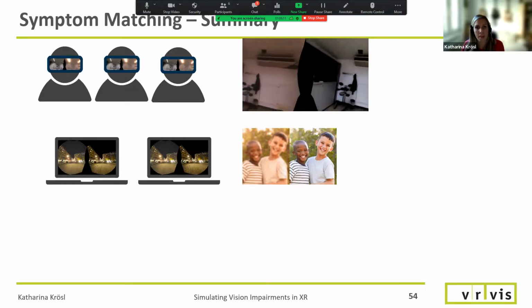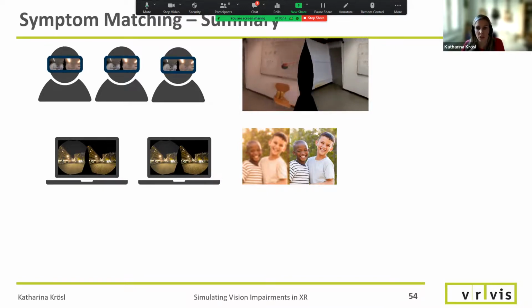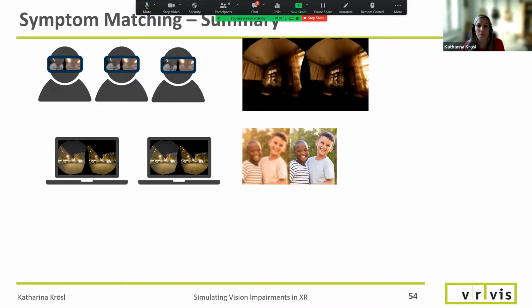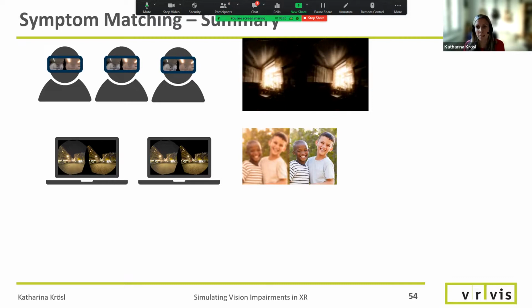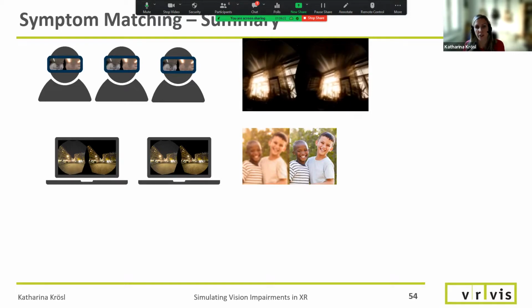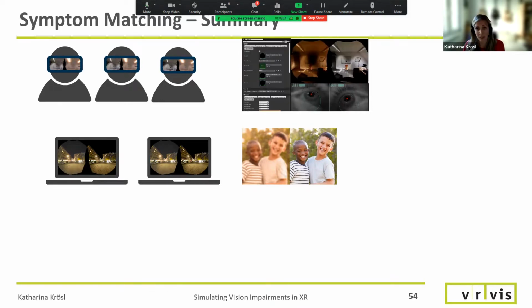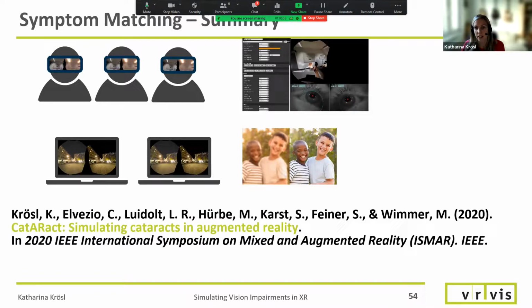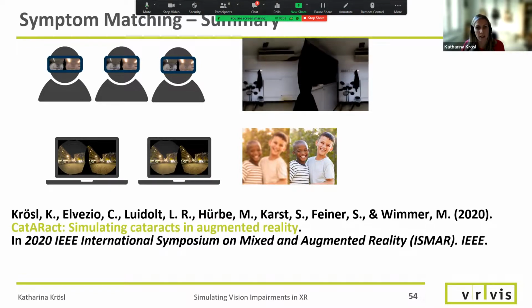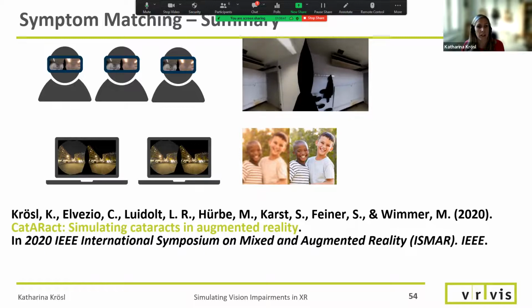So this symptom matching methodology now enables us to compare simulations of eye diseases to a ground truth, the impaired vision of affected people. I strongly believe that this human in the loop approach can help us create more realistic simulations in the future. We published our methodology and the findings from our first experiments at ISMAR in 2020.